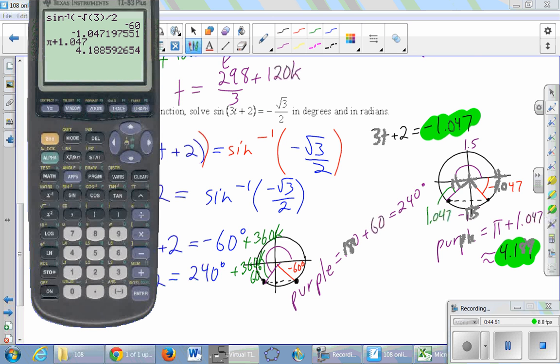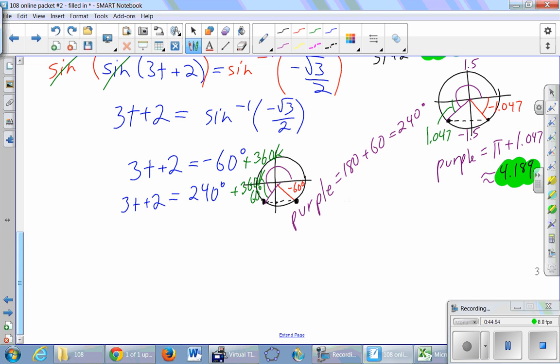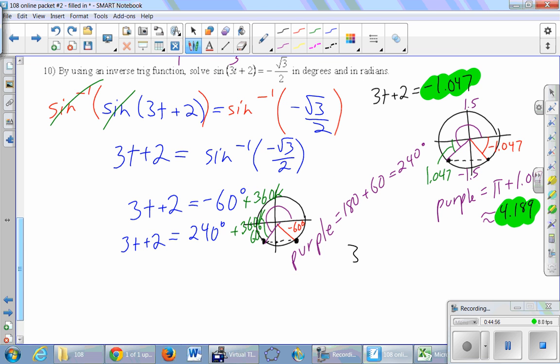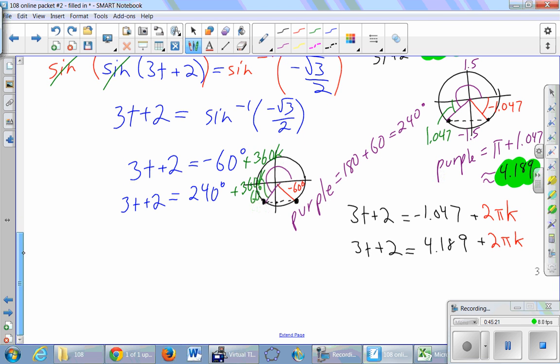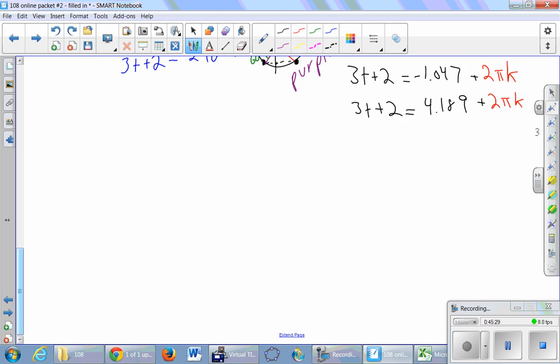I'm not going to do all the details here finishing this one, but I'll just say that what we need to do is write 3t plus 2 equals negative 1.047, or 3t plus 2 equals the 4.189. And then instead of adding 360k to each of these, we're going to add 2 pi k. Okay, and then let's go ahead and finish these. I think I might have said I wouldn't finish, but let's just go all the way through to the end on this.